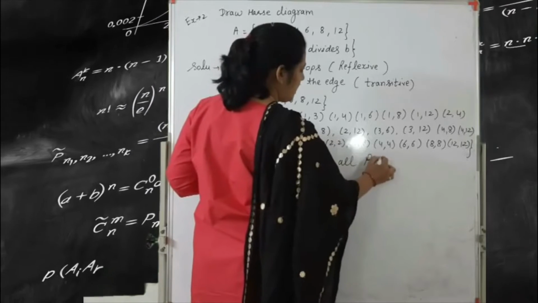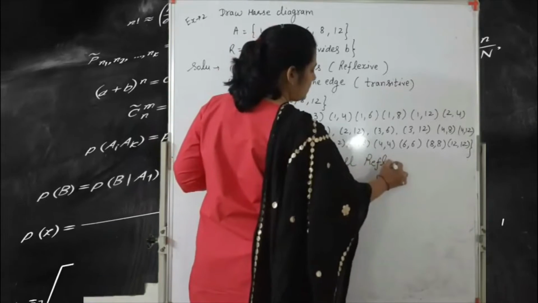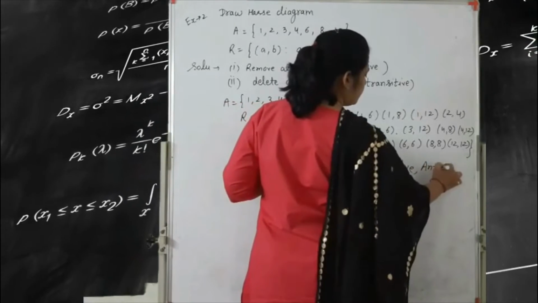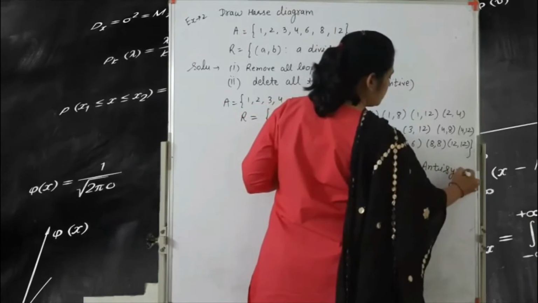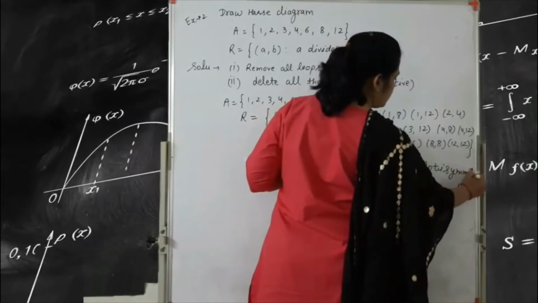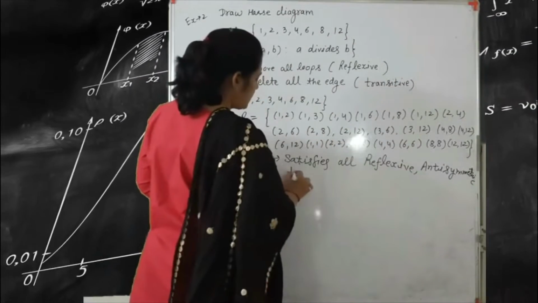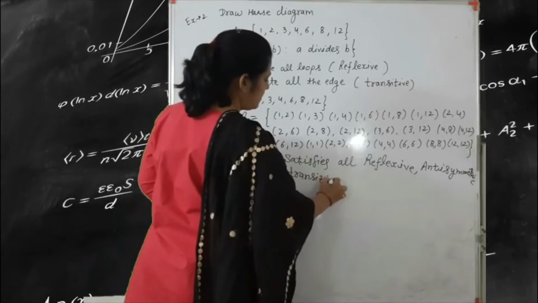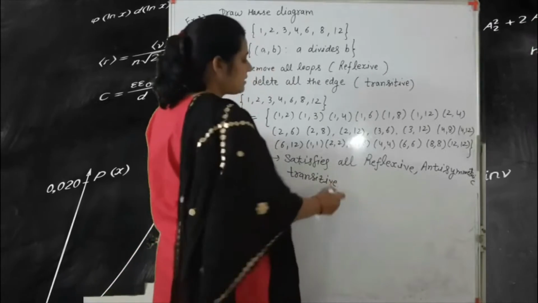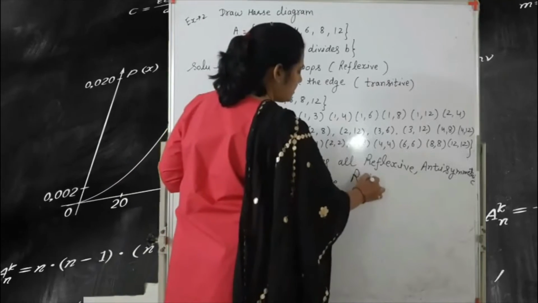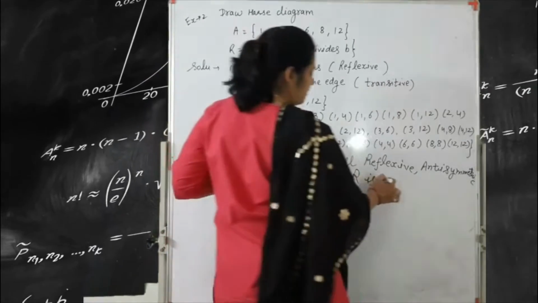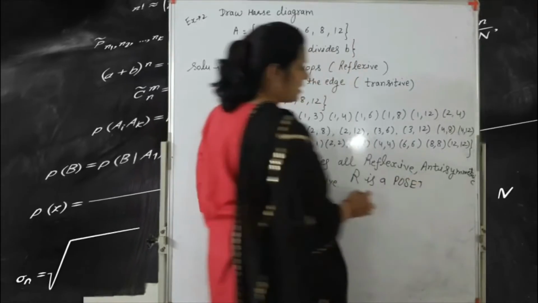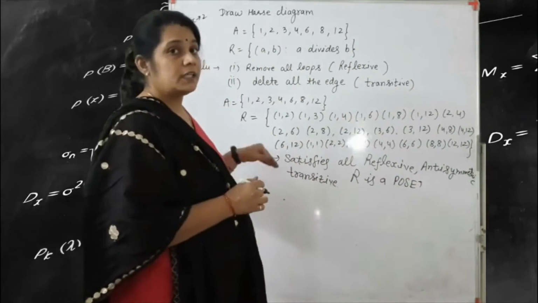That means reflexive, antisymmetric and transitive. Okay, so here that means what? R is a poset. Okay, that means R is what? R is a partial order relation.